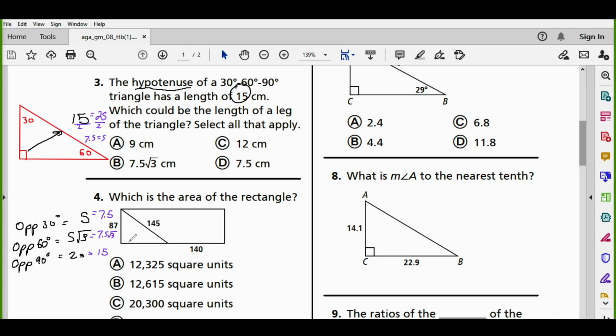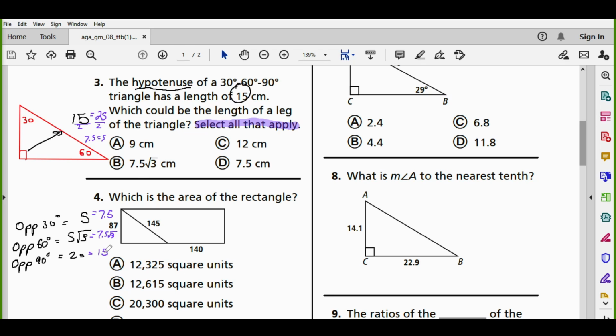This is why I was telling you guys that 45, 45, 90 and the 30, 60, 90 are really good triangles to memorize the given rules for, because you'll be able to do so much with these, especially later on as you get further into your math classes. Now, it says select all that apply, and which could be the length of the leg.